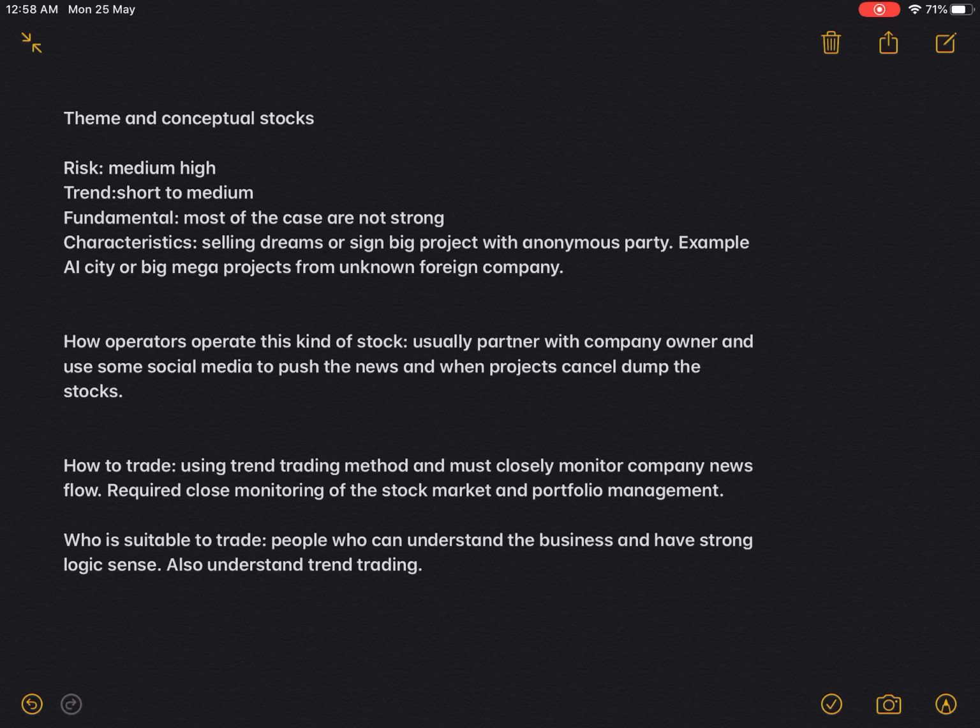Okay, you need to control your risk if you want to invest in this kind of counters, because it is not proven and it is not shown in the company P&L, just an idea. A lot of stocks right now, even in the US market or in the Malaysian market, are selling this kind of themes or news. So just be aware and follow strictly the trend. And when it reverses back to downtrend, you need to get out of the position.